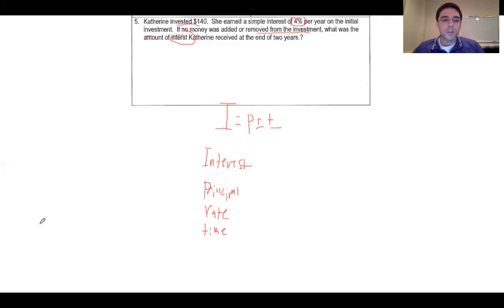Awesome. So in this problem, what am I looking for? I, P, R, or T? Which one am I looking for?